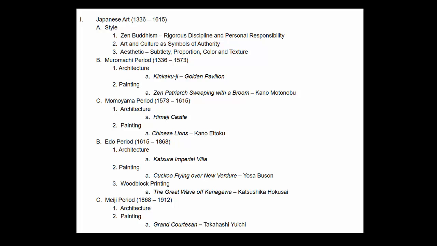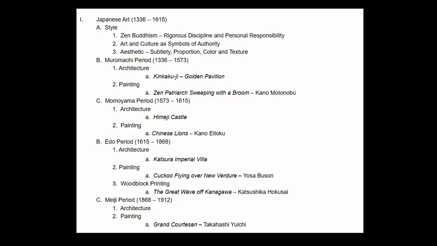And we see that expressed through the art in the decisions made not necessarily about style or technique, but really more so in the simplicity of designs and then the willingness to perfect those designs through the practice of the work itself. Now, Japanese culture's aesthetic can be described as subtle, with a very nuanced approach to both the use of color and texture and proportions.